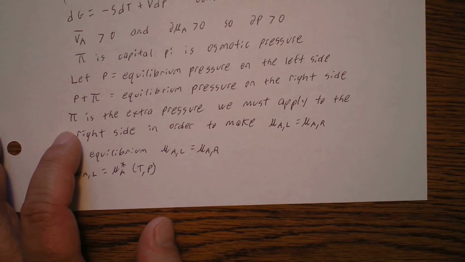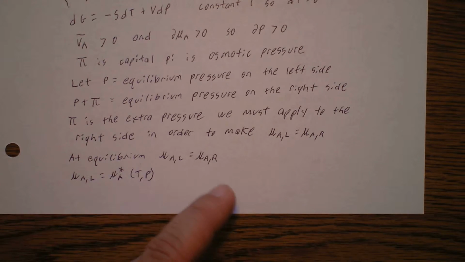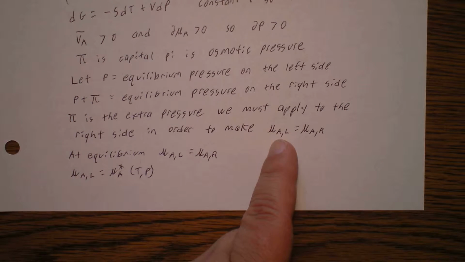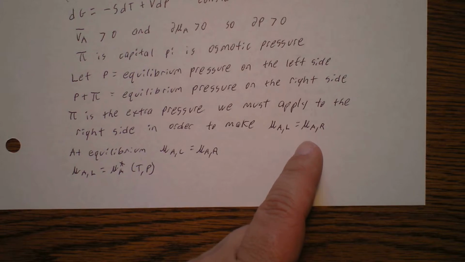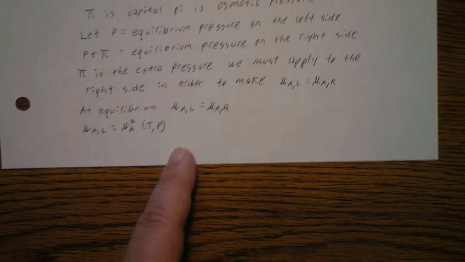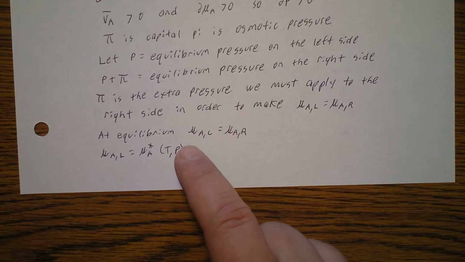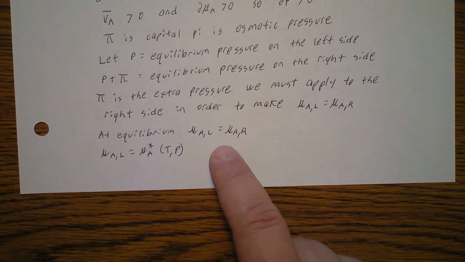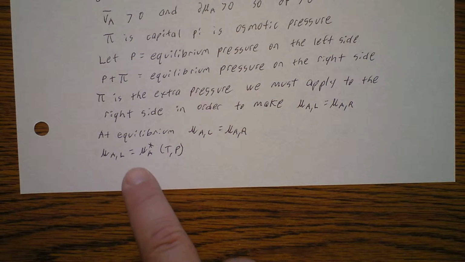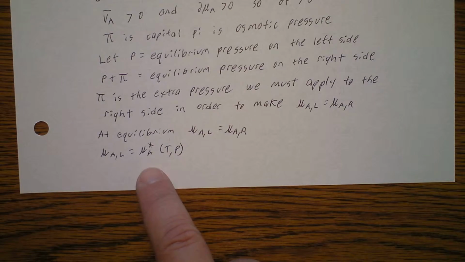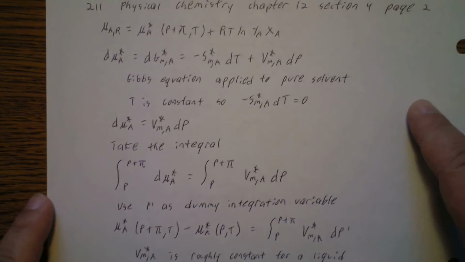So remember, this Pi is this extra pressure that we must apply to the right side in order to make the chemical potential of substance A on the left equal to the chemical potential of substance A on the right. Obviously, at equilibrium, we know that the chemical potential of A on the left has to be equal to the chemical potential of A on the right. Now, the chemical potential of A on the left, remember, of course, is the chemical potential of pure A at whatever temperature and pressure.